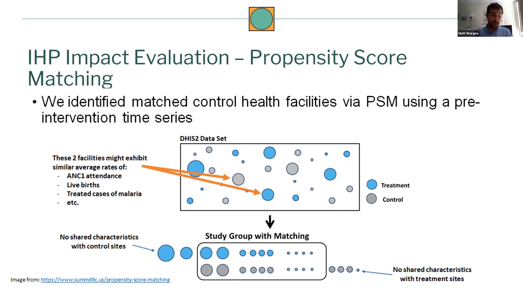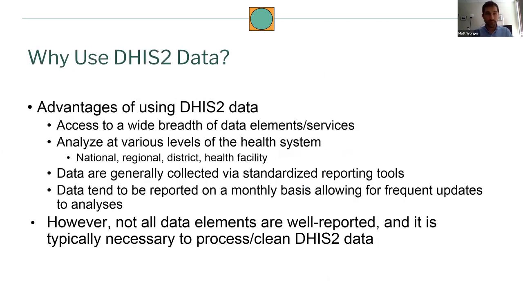We were able to make use of dozens of DHIS2 data elements to align control and treatment facilities with similar characteristics as far as clinic attendance rates across these specific data elements. The overall pool of matched control facilities serves as the comparator against those facilities receiving the IHP package of interventions while still ensuring similar baseline characteristics.